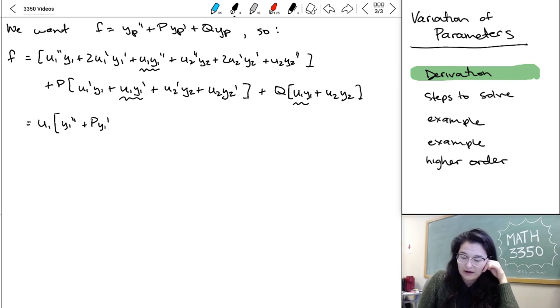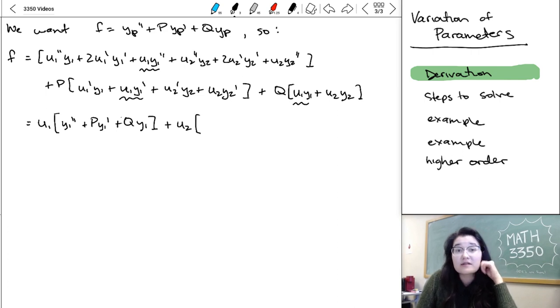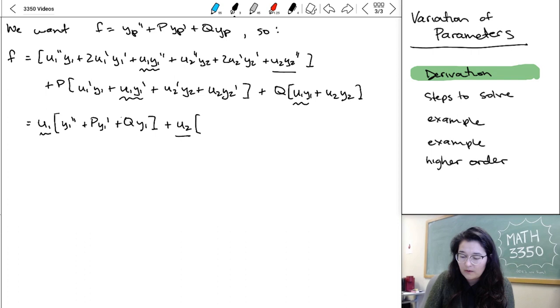And here I'll have q times y1. And then I'll do the same with u2. So let's look for our u2 terms. There's one there, and one there. So that gives me a y2 double prime plus p y2 prime plus q y2.